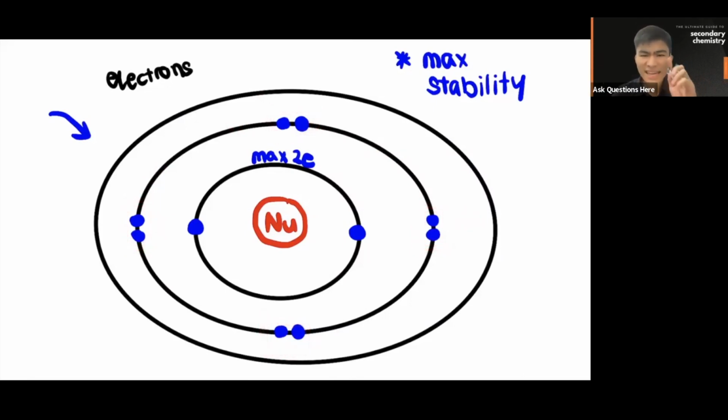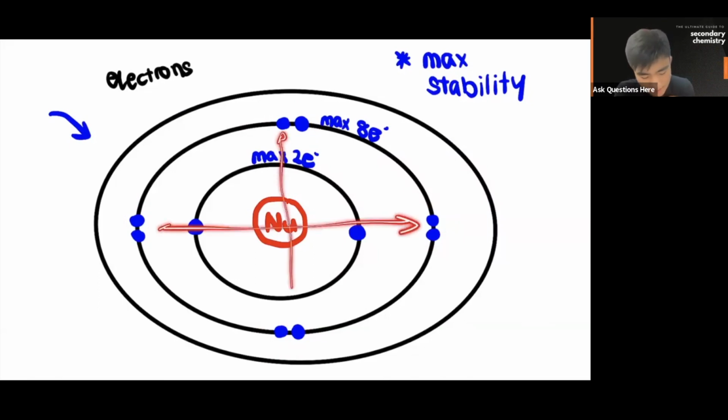So in the second electron shell, they have a maximum of 8 electrons. They are arranged in this particular format, whereby we have 2 electrons that are together with each other around the whole level. So they are spaced out maximum like this.